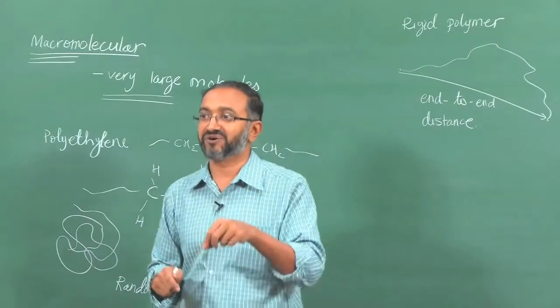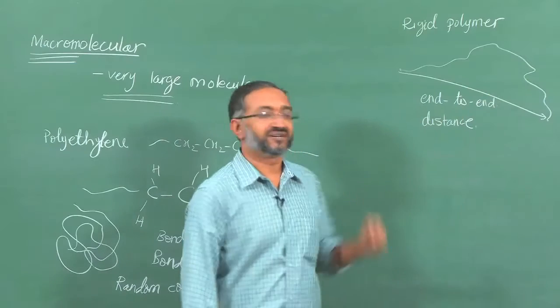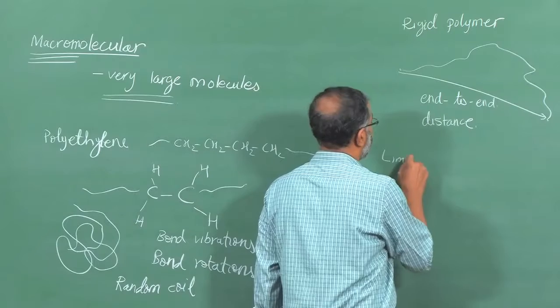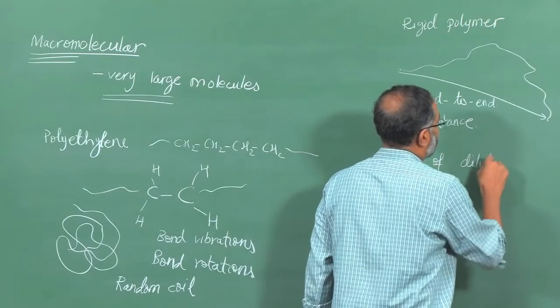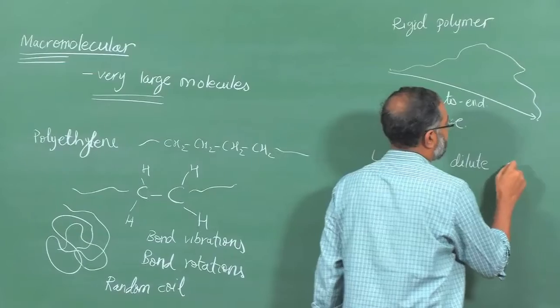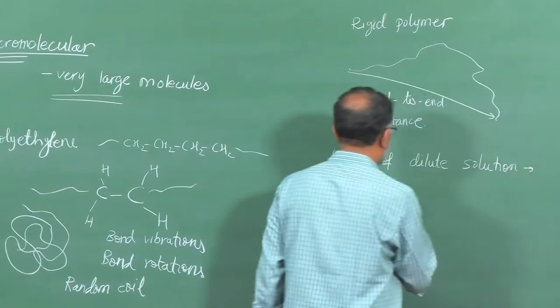So, generally at smaller concentration, polymer solvent interaction and intra macromolecular interactions are important. So, in general the limit of dilute solution, this is also generally referred to as overlap concentration.